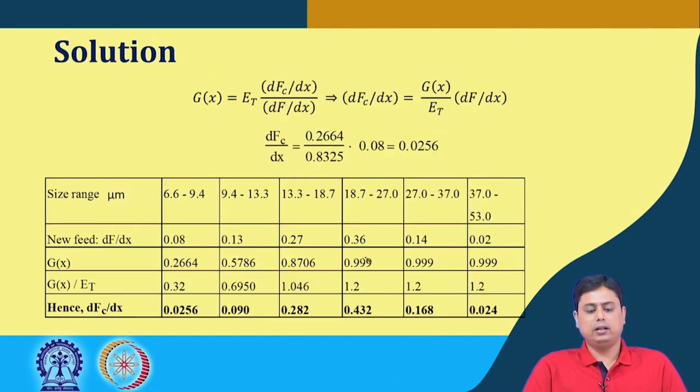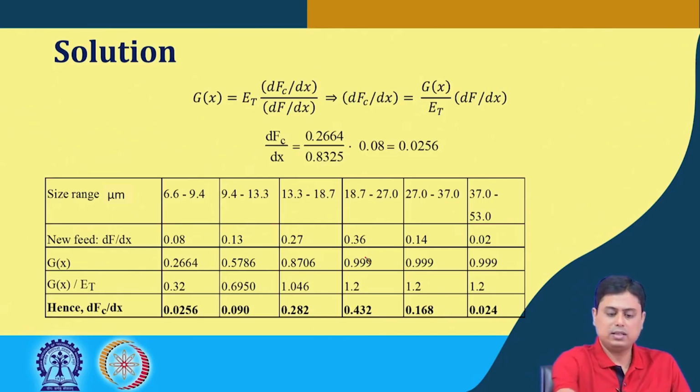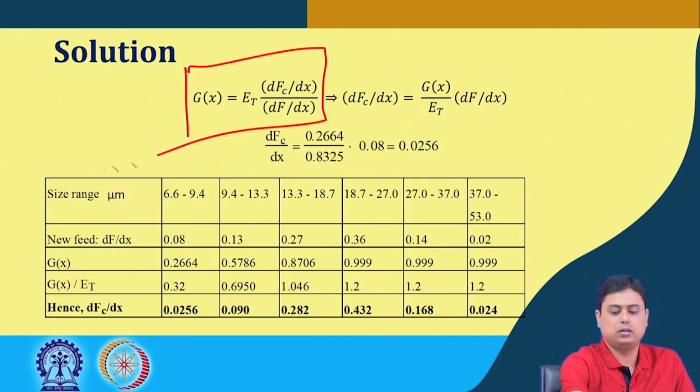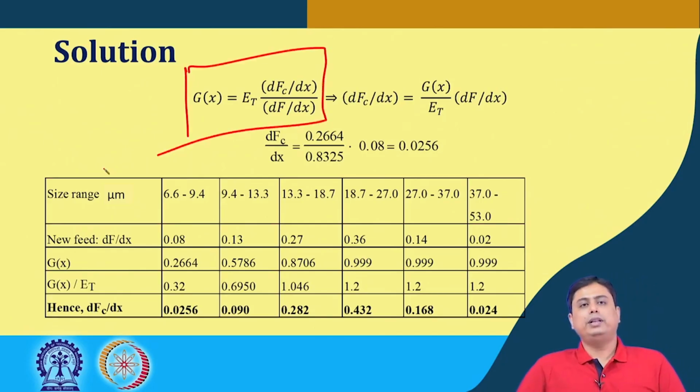So, how do we do that? We just rearrange the grade efficiency expression. This was the grade efficiency expression. Now, there it was related with the coarse product size distribution and the feed size distribution.